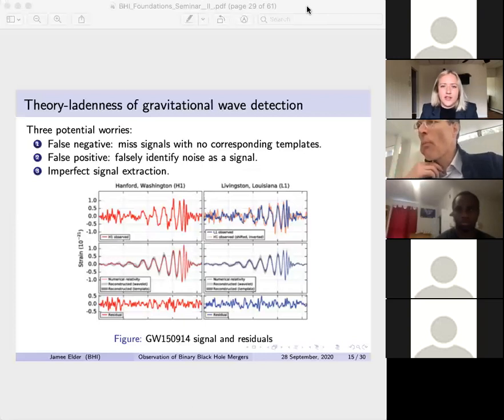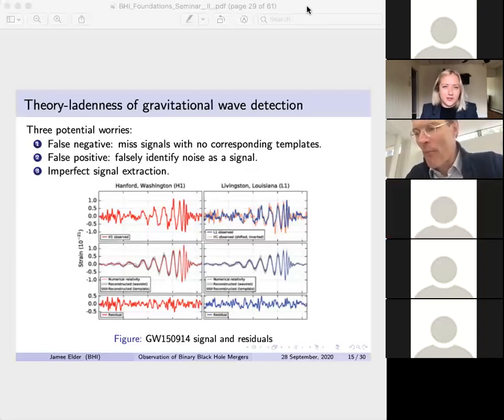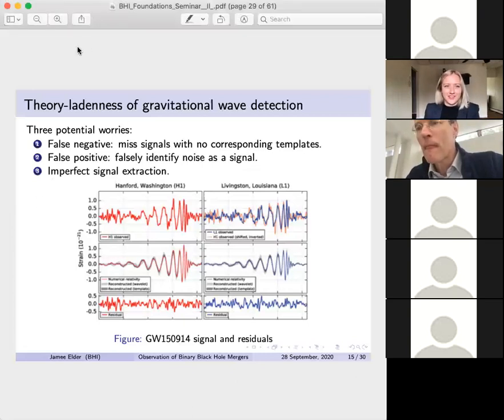I think any concern is going to be much more to do with the fine-grained details of whether you've got exactly the right signal and the inferences you make on the basis of it. But I think maybe I'll just continue because I'm going to address those kinds of issues, and maybe we can return to the question at the end, and you can tell me whether I've answered it.